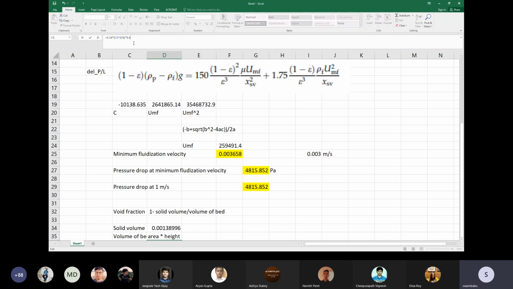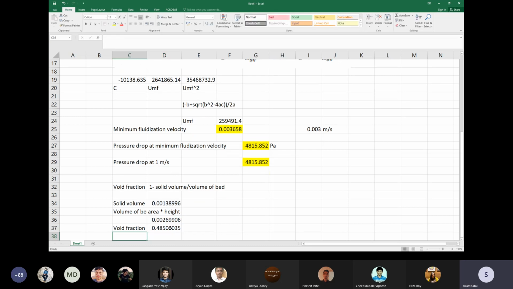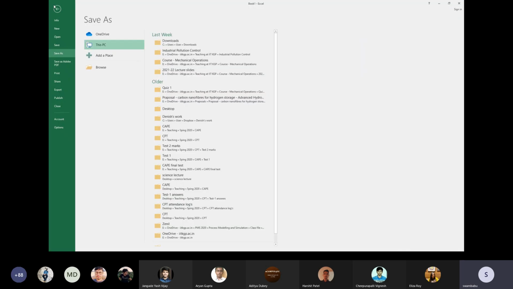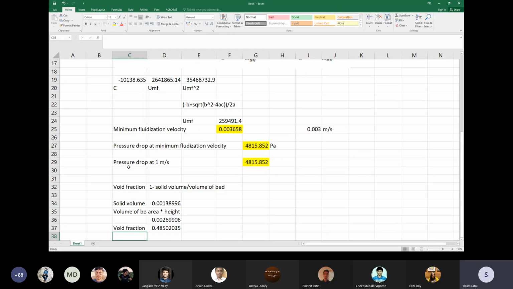We should not take 0.475, but take 0.6. So the void fraction is 1 minus solid volume divided by the bed volume. This is the void fraction. So anyway, I'll save it. That is the answer for part D.